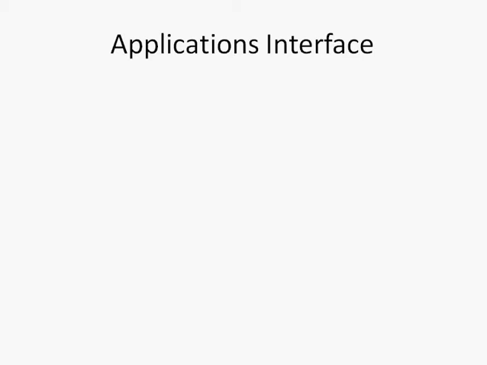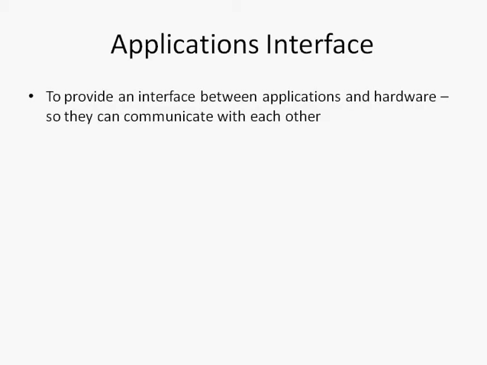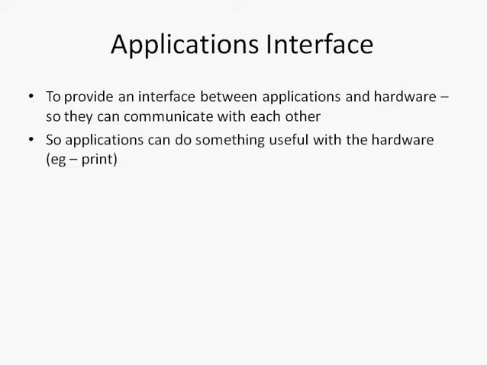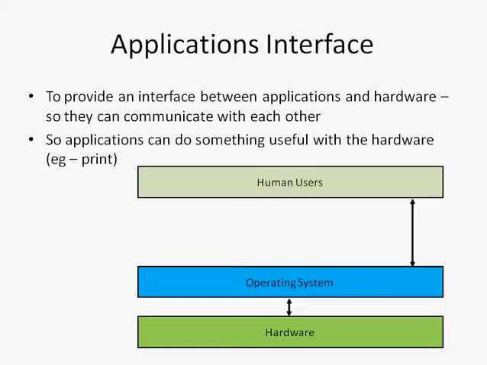Next, applications interface. This is used to provide an interface between applications and hardware so they can communicate with each other. So applications can do something useful with the hardware, for example, printing. So a program like Microsoft Word can print because of the applications interface. So human users use the operating system, and therefore the hardware.